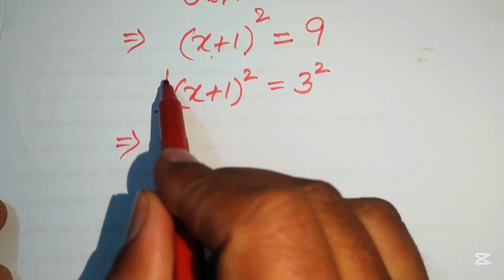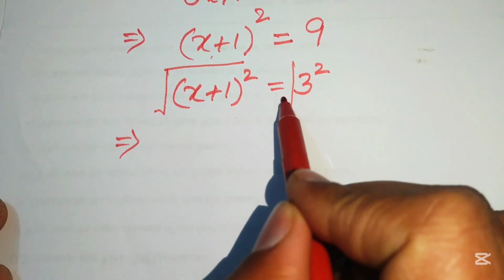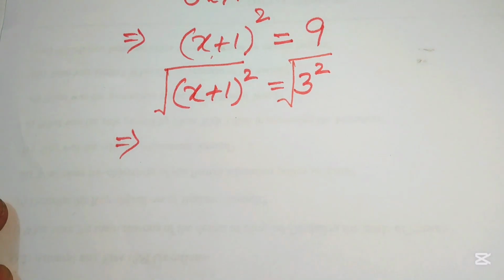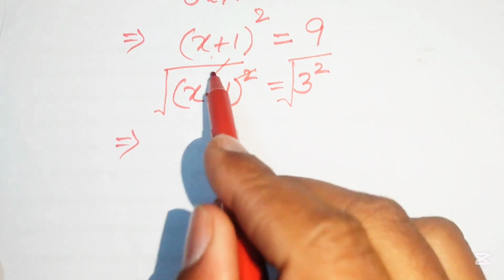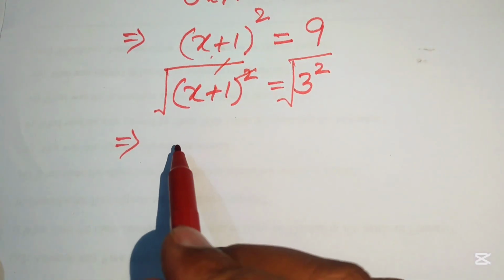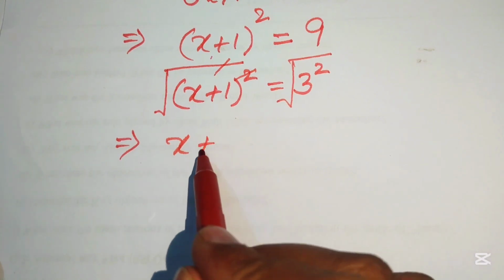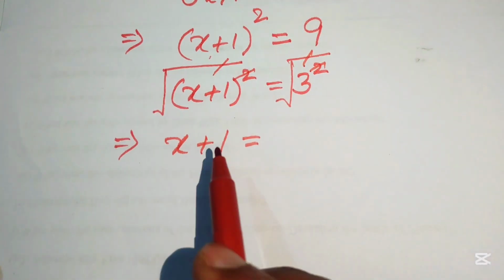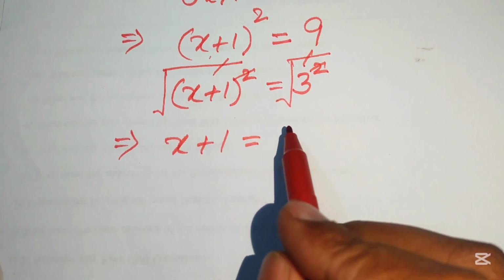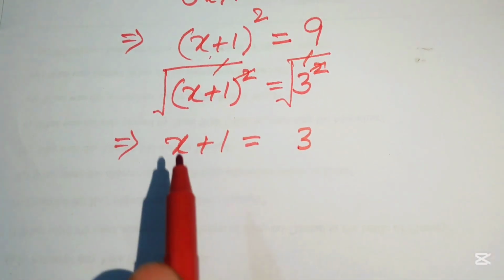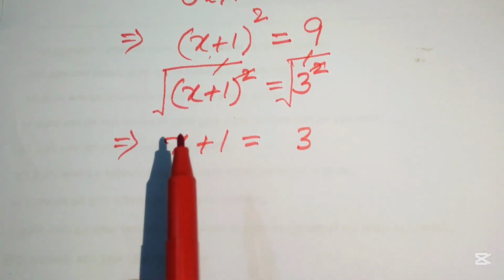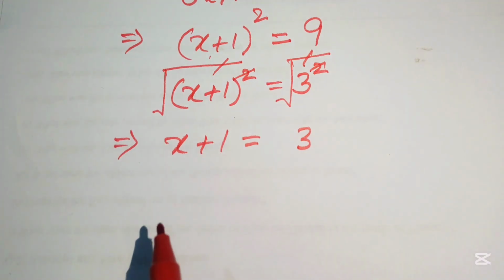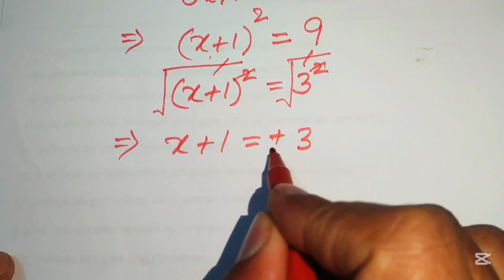When you take a square root, the 2 and the square root cancel each other, and we get x plus 1 on the left hand side. Similarly, the 2 and the square root cancel each other, and we get 3. Because we take the square root on both sides, we write the plus minus sign.